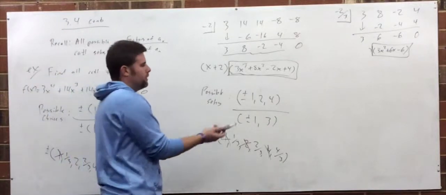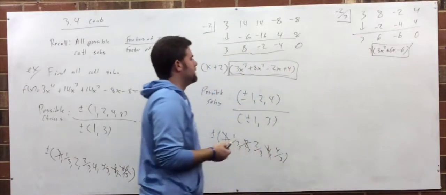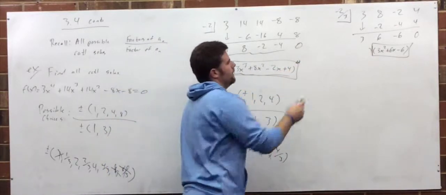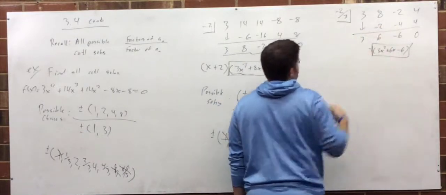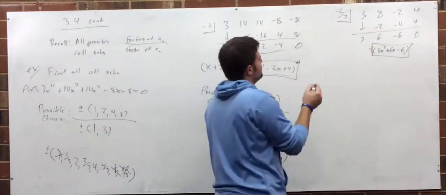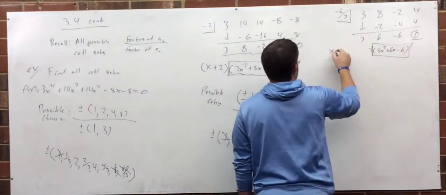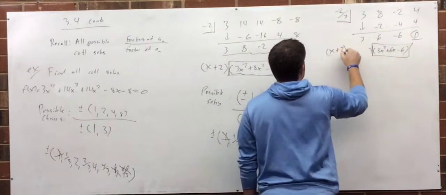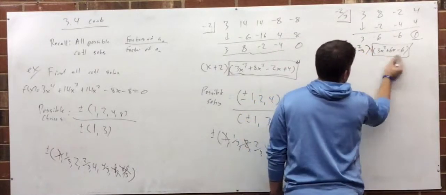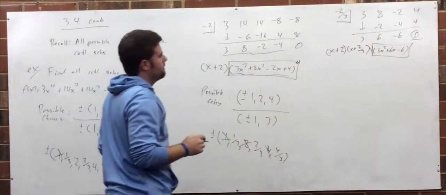So by plugging in, I found that -2/3 is a 0. So again, I'm using this equation now to synthetically divide into. Right? Well, what that tells me is when I get a remainder of 0, it tells me that x plus 2 times x plus 2/3 times this quotient gives me the original equation.